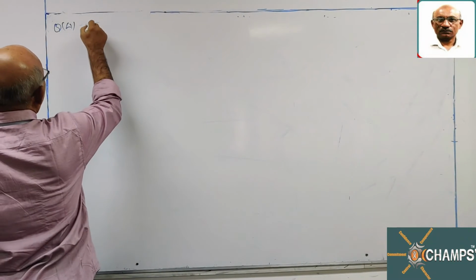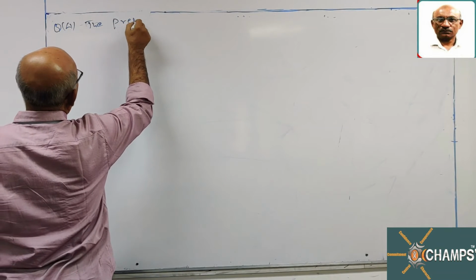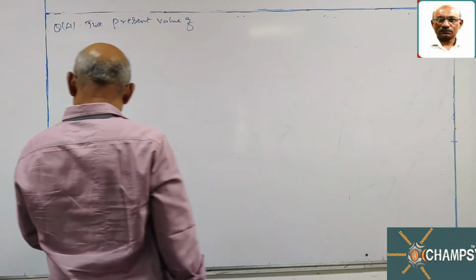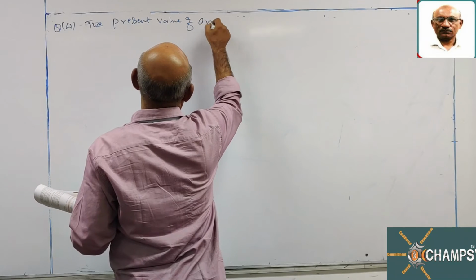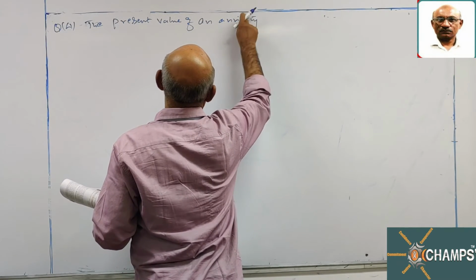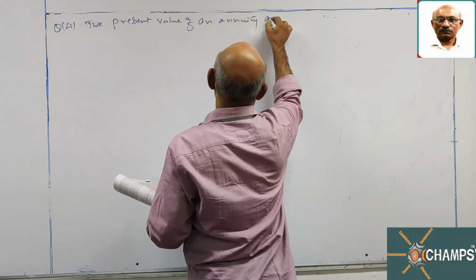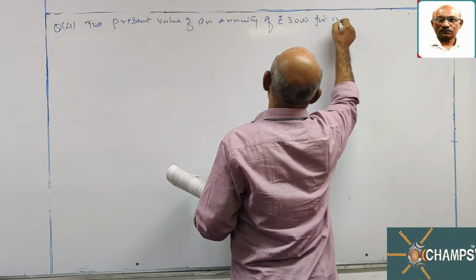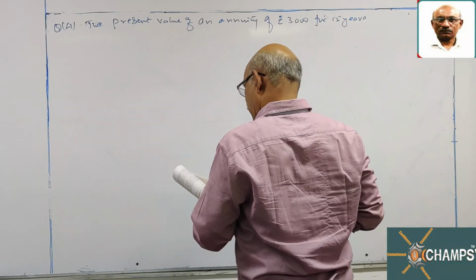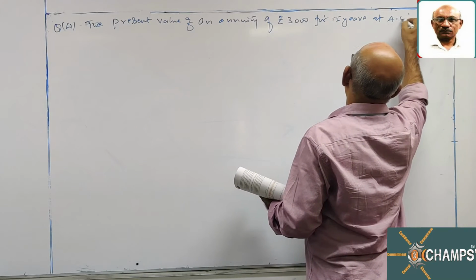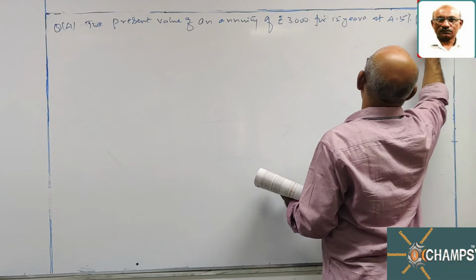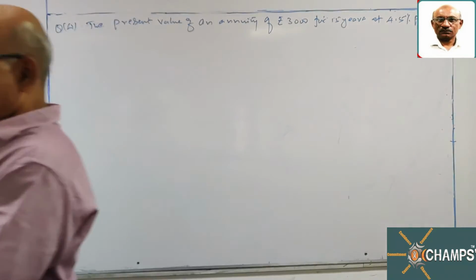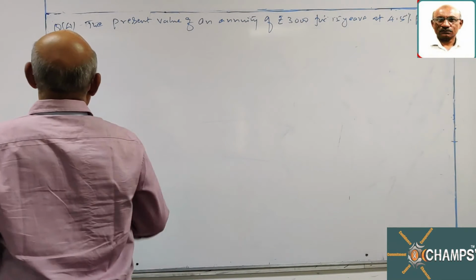The present value of an annuity of rupees 3,000 for 15 years at 4.5% per annum compound interest is... see the solution.